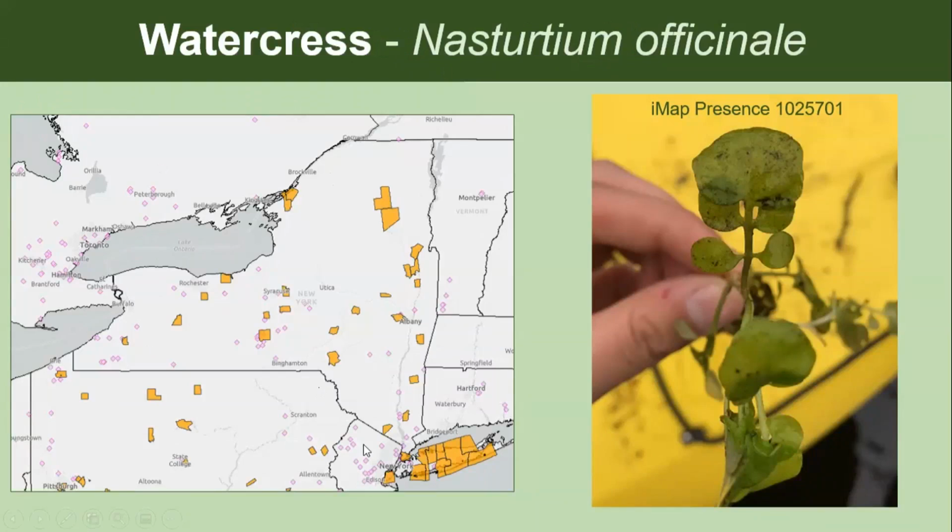So that's Frogbit, and then I'll spend more time talking about watercress, Nasturtium officinale. This is a very good example of an underreported species. In the map, we have towns shaded in orange where there's a watercress report. And it looks very different from what we usually expect with an invasive species. Usually we see a cluster of positive records and then a leading edge and not much beyond the leading edge.